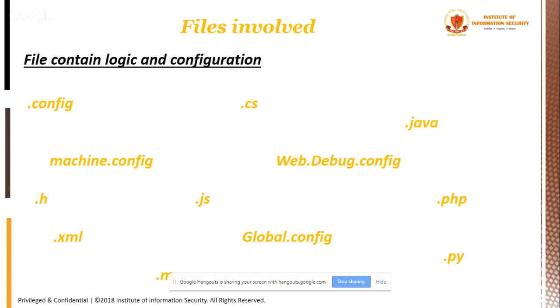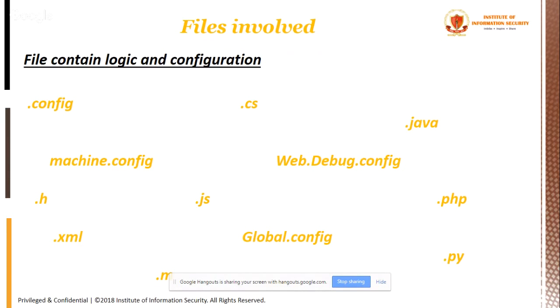You will have the code files and the configuration files with you, and based on those files we have to perform the testing. We have to find out: is there any code vulnerable to injection? Is there any code line vulnerable to security misconfiguration? So these are some of the files that we will get.